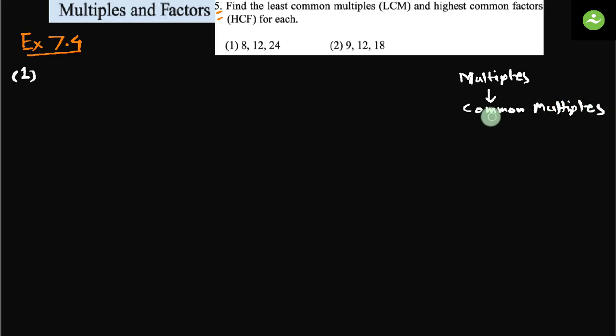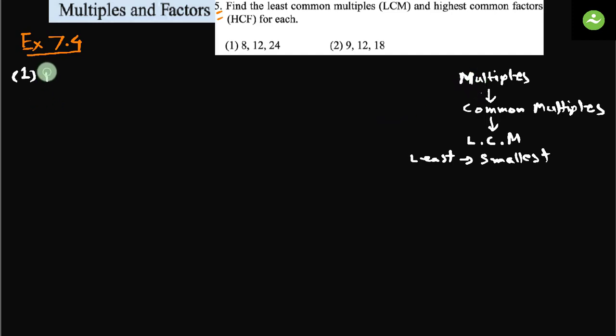And once we found the common multiples, then we find which is the least common multiple. Here we should remember least means smallest. So this is the method for finding least common multiple. First step was find the multiples.